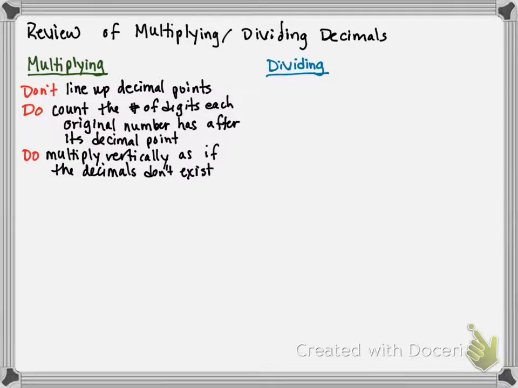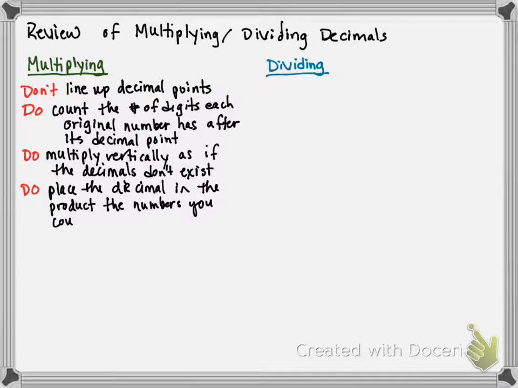And then do place the decimal in the product. That's the answer to a multiplication problem. The number of digits you counted earlier from the right.